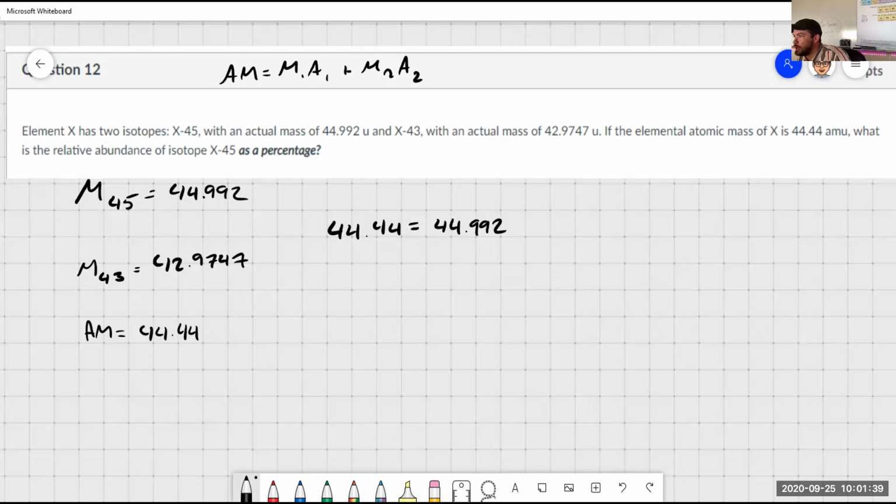It equals 44.992. Do I know A1? No, I don't. A1 equals question mark, A2 equals question mark. Remember, we're going to assign those to be X and Y because it makes our problem a lot easier. You don't have to, but that's what I do.